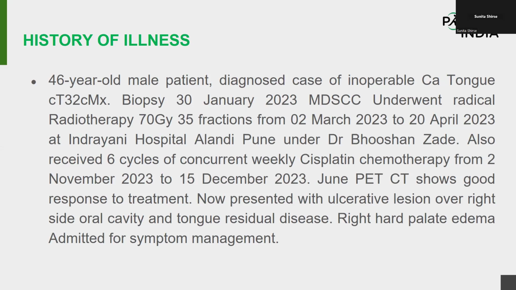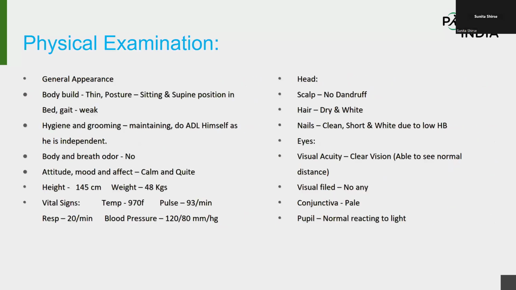Now presented with an ulcerative lesion on the right side of the oral cavity and tongue, residual disease, right hard palate edema. Admitted for symptom management and wound management. Physical examination: general appearance, body build thin, posture, hygiene and grooming maintained, no body or breath odor, attitude moderate.